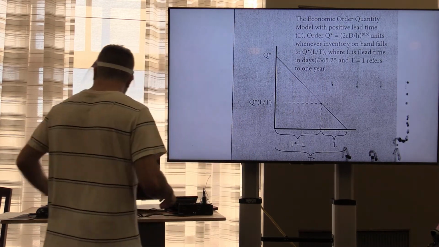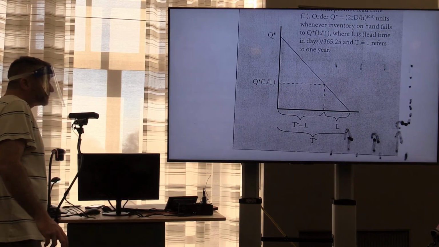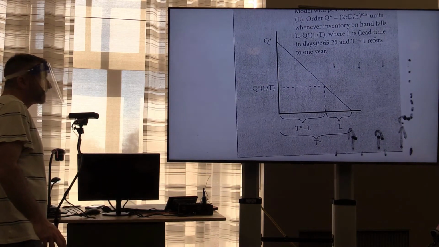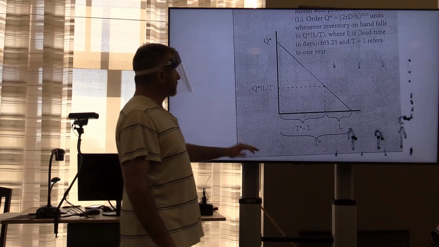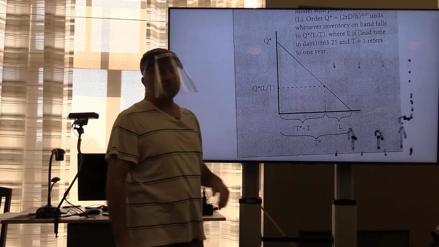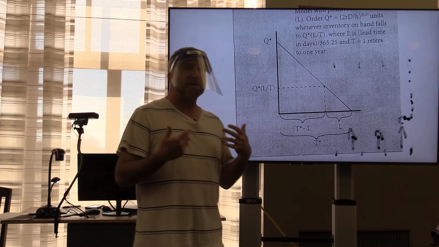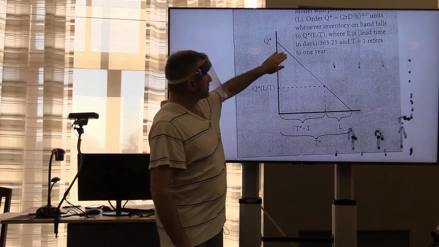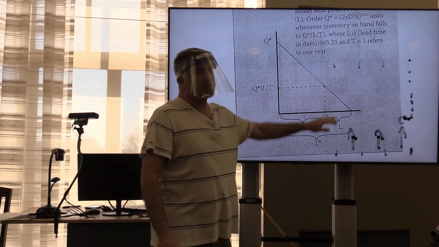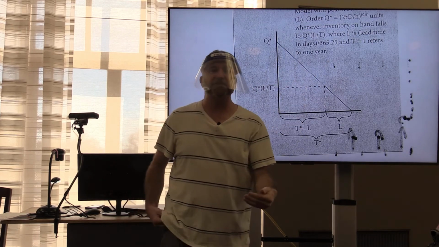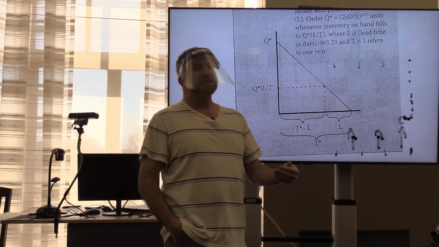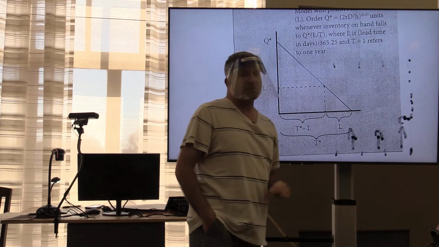But let's just think about this for a minute. You place an order here, you get Q star. Every day you draw down the inventory about the exact same amount. So inventory goes down and down and down. And because we know exactly what demand is every single day, we know exactly when we're going to run out.